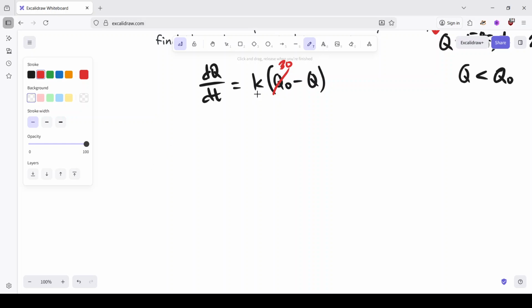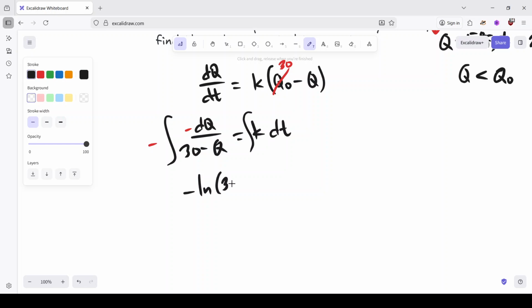So we can perform variable separable solution for this one. dq over 30 minus q is equals to k dt. Right? We can integrate both sides. So this is negative, okay, so the derivative of q is negative dq. That's negative here. So negative ln of 30 minus q is equals to kt plus c. Okay, so if we want to eliminate ln, we need to get rid of the negative first.